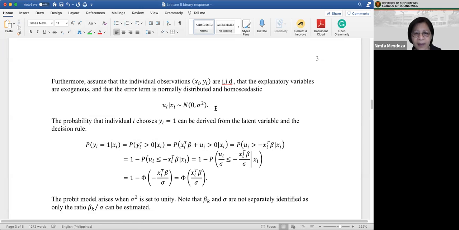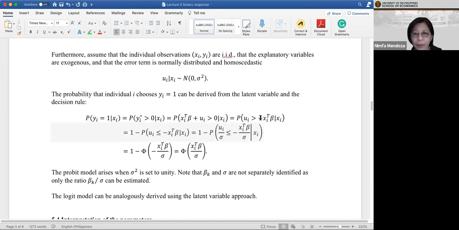So the probability that u sub i is greater than minus x sub i transpose beta, conditional on x sub i, is equal to 1 minus the complement: the probability that u sub i is less than or equal to minus x sub i transpose beta given x sub i.